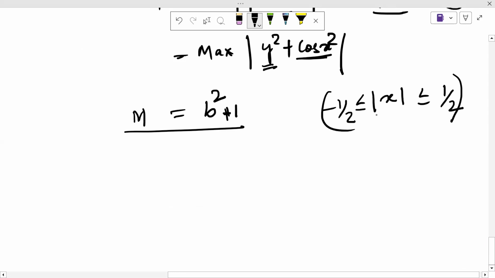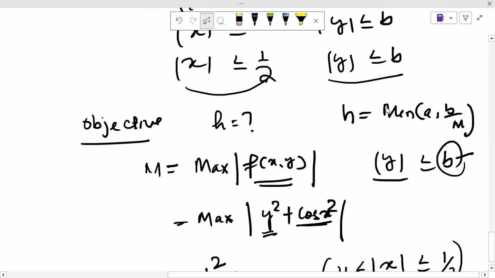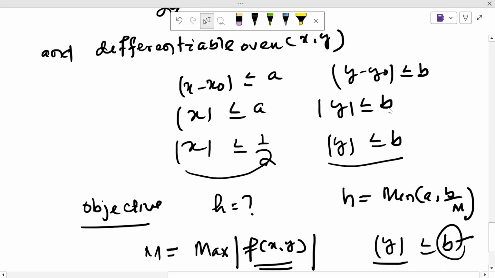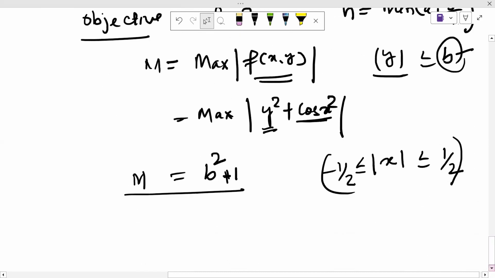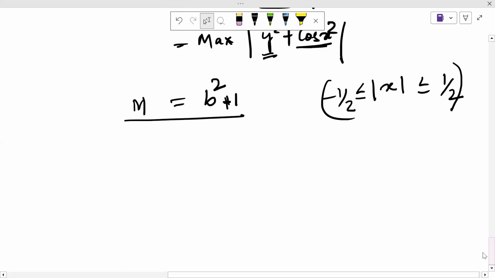Because in the previous condition, modulus represents both positive as well as negative values. So the region of x is defined from minus half to plus half. Then m is equal to 1 plus b square, right?